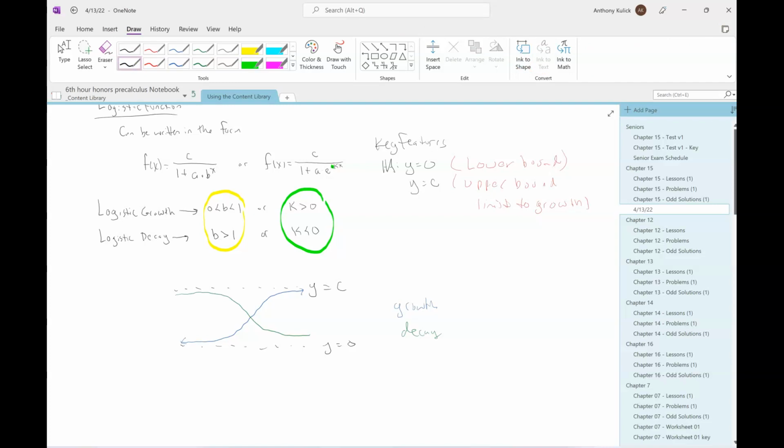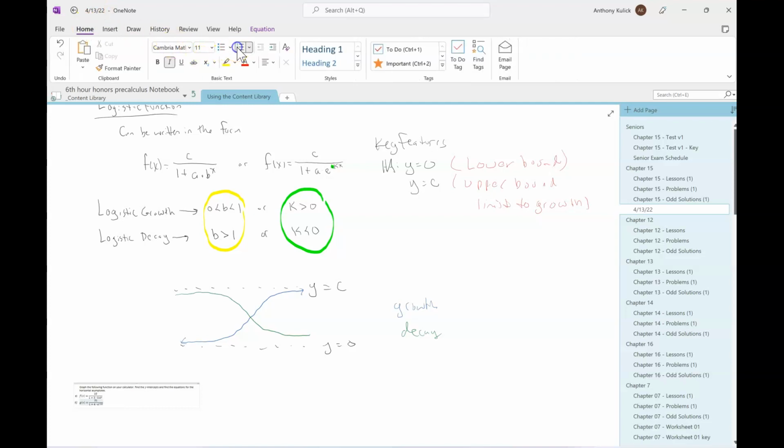So let's look at a couple of examples using this logistic function to get a handle on that, because this is brand new for us, right? We didn't talk about this last year.